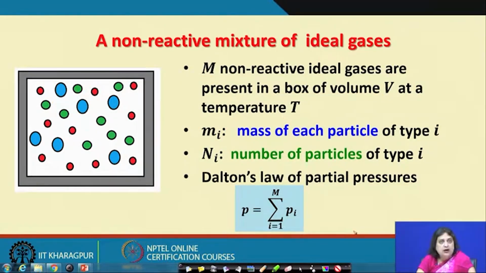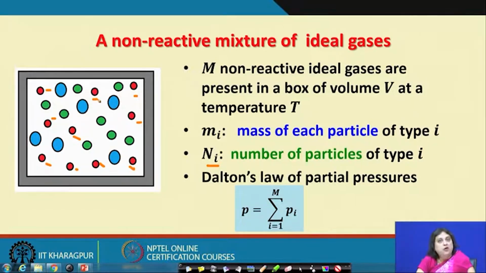Now, I also understand that for each type of particle i, there will be some number of particles present, which I call Ni. So, here in this part I have 1, 2, 3, 4, 5, 6, 7, 8, 9, 10.